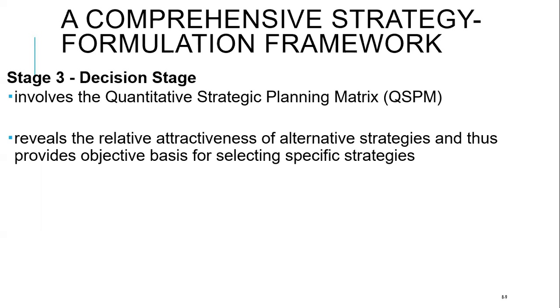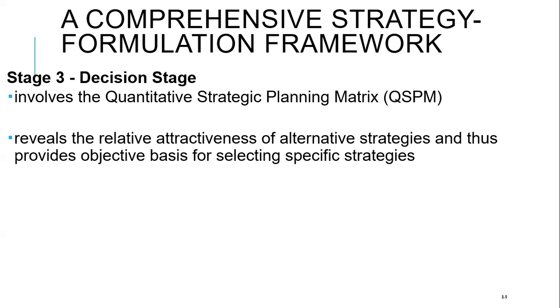And there is only one primary tool during the decision stage, and that is also known as the QSPM, which can be fully explained as the quantitative strategic planning matrix. And the quantitative strategic planning matrix strives to help the decision makers to prioritize and select the most attractive strategies by assigning weights or scores to the various strategic options.